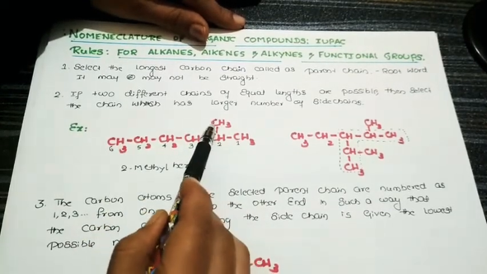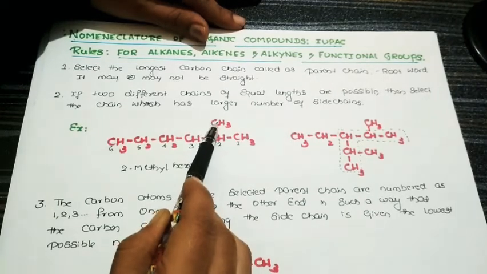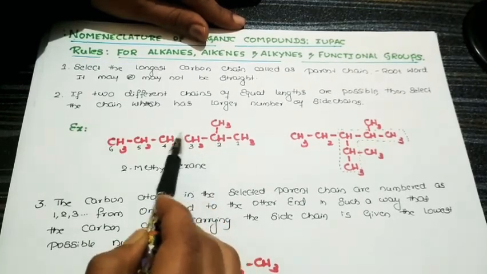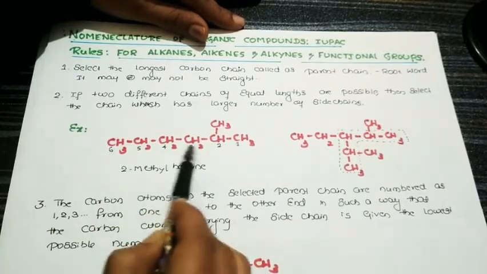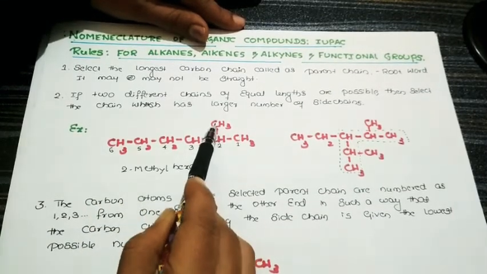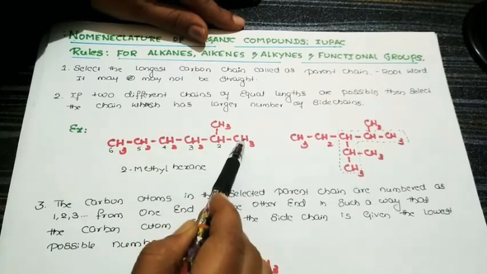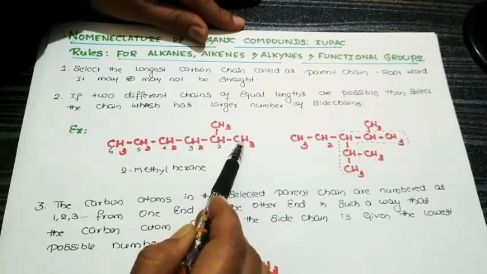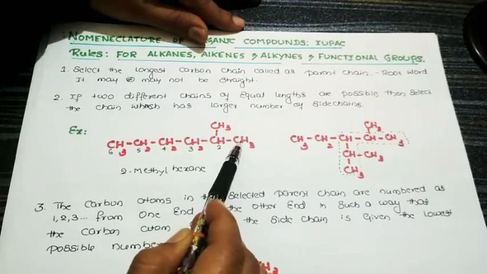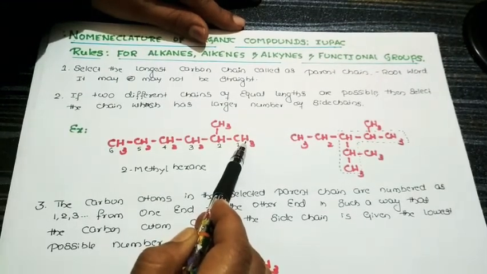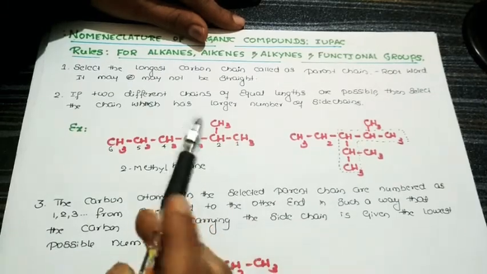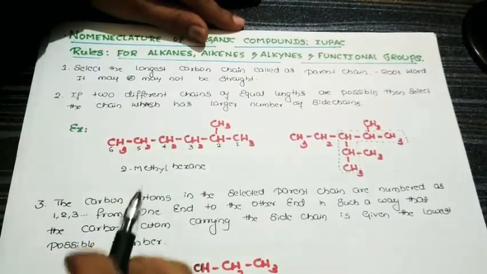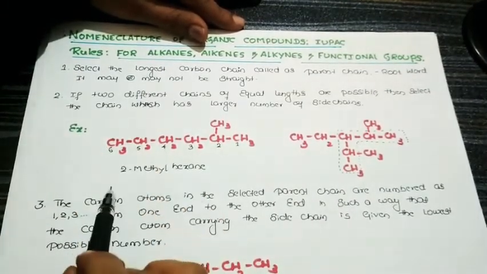If I start taking this carbon, 1, 2, 3, 4, 5, 6, from here also I am getting 6 carbon atoms. If I go in this way, 1, 2, 3, which is very few carbon atoms, it will not be considered as a parent chain. So which one will you get, dear students? This is the longest parent chain that we are going to select. That is the first rule that we are applying.